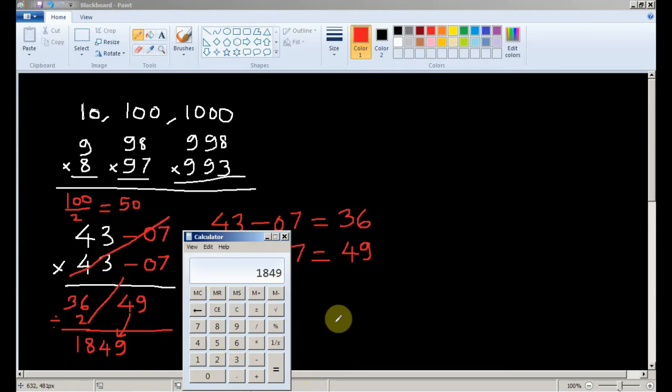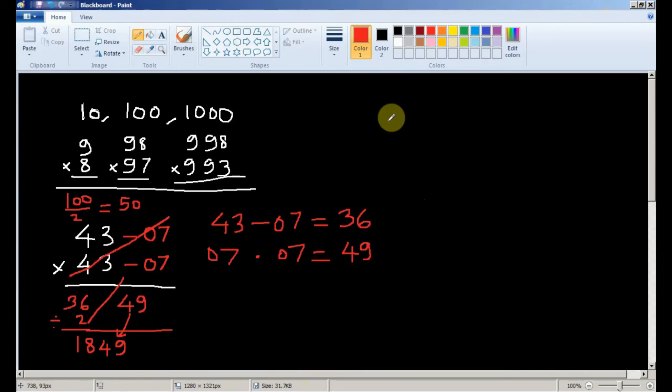Okay, suppose I want to multiply the same 43 into 43 using the second method. There is one more method. Here, look at the number 43, and you will find that the nearest number to 43 is 40 or 50.